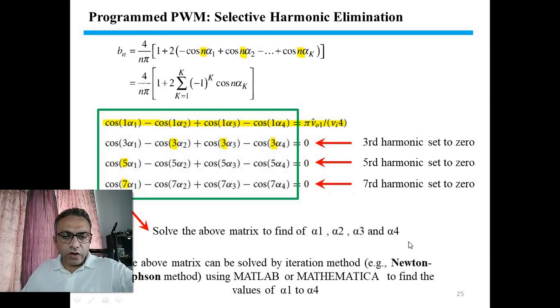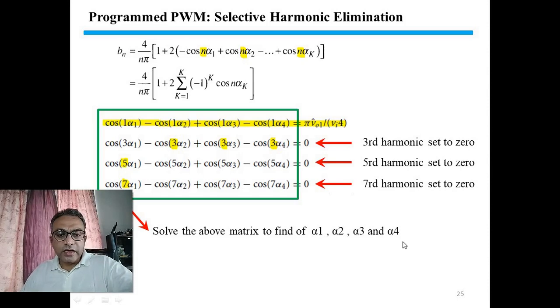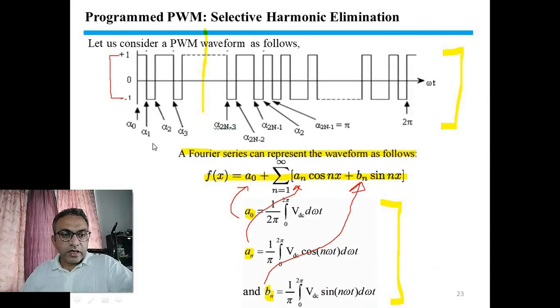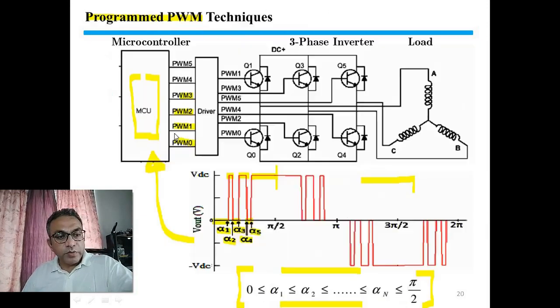And when we solve for this, what do we get? We get our switching angles 1, 2, 3, 4. These switching angles will now be programmed into the microcontroller, and the microcontroller will be allowed to run in a forever loop. And by doing so, our switches will operate producing such a waveform.